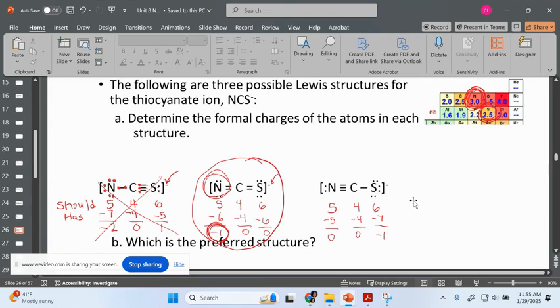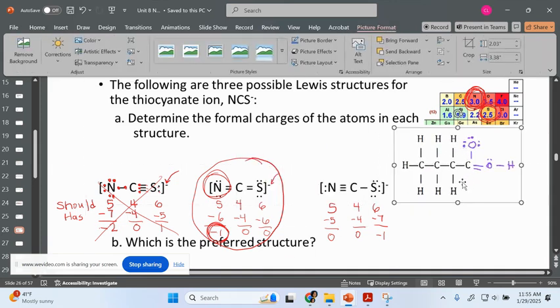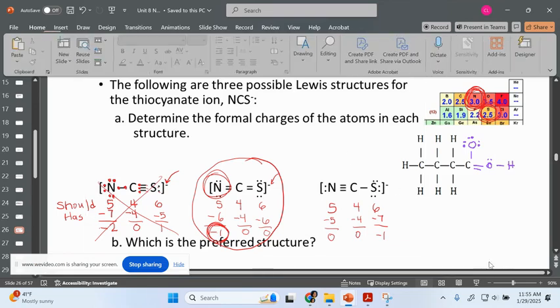Now, let's look at this guy that we did from the homework, okay? When we drew this like this, we were at the 36 electrons that we needed. Here, my carbon should have 4, and it has 4, so it's at 0.